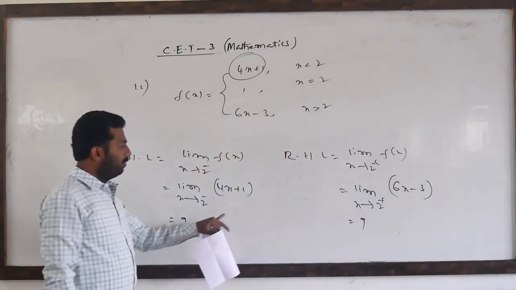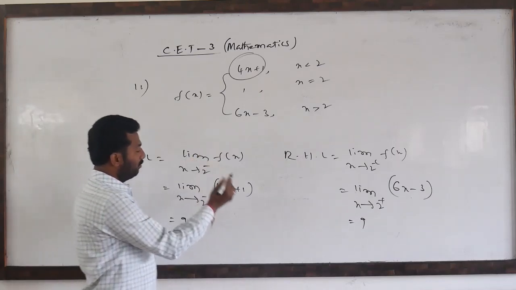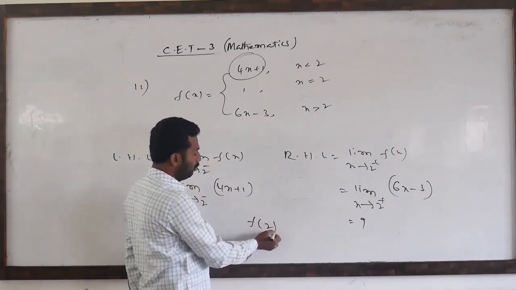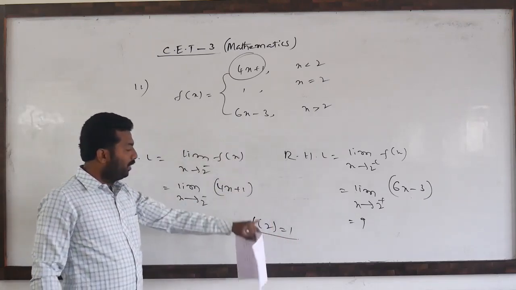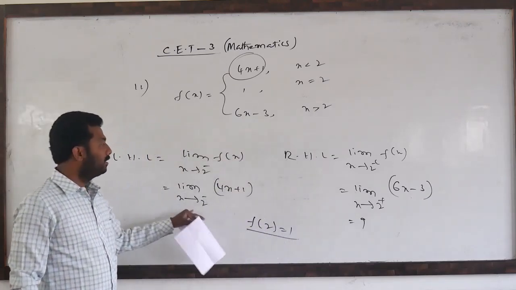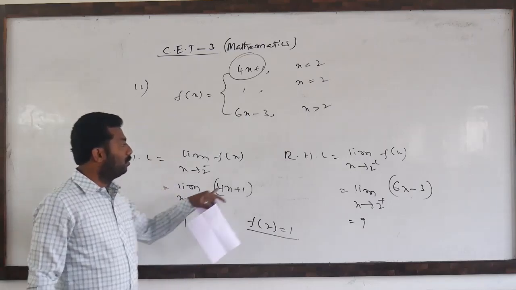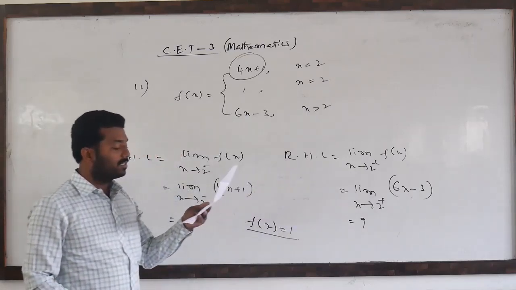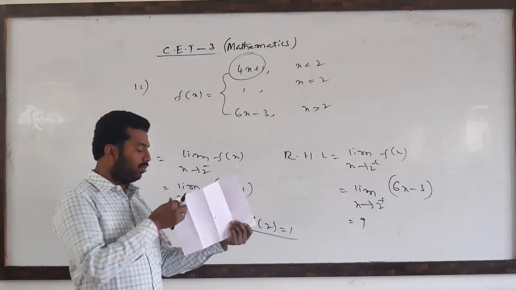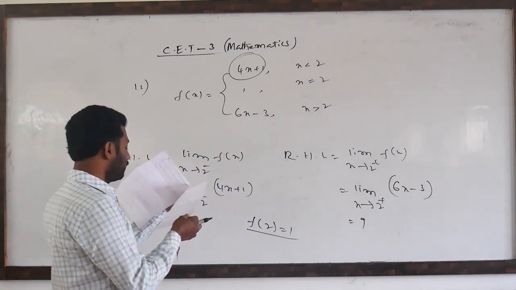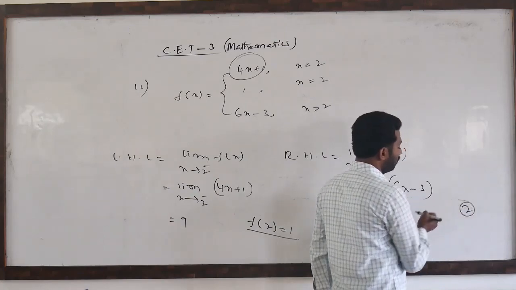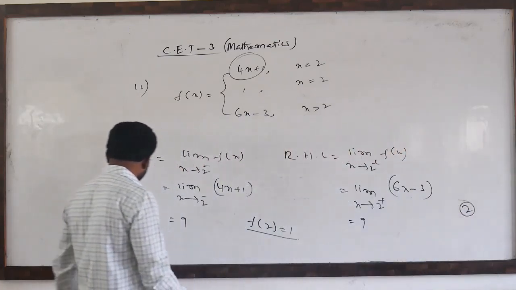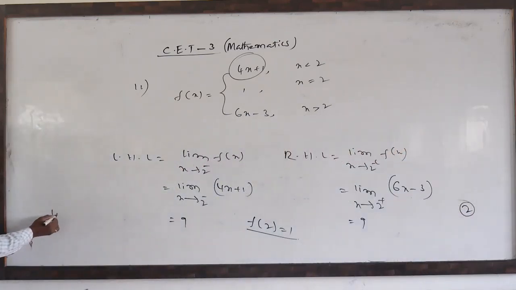So left hand limit equals right hand limit. The value of the function at x equal to 2, f of 2, is 1, but f of 2 is not equal to 9. Hence the limit as x tends to 2 exists, but this is a discontinuous function at x equal to 2. So 11th one, second option. What is the continuity definition?